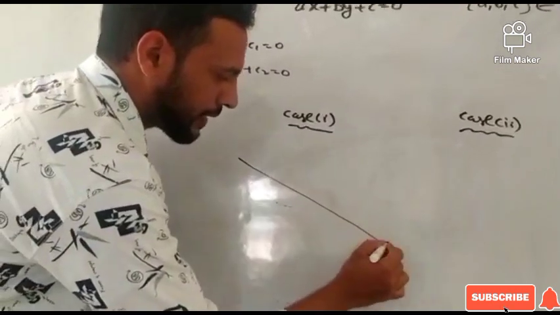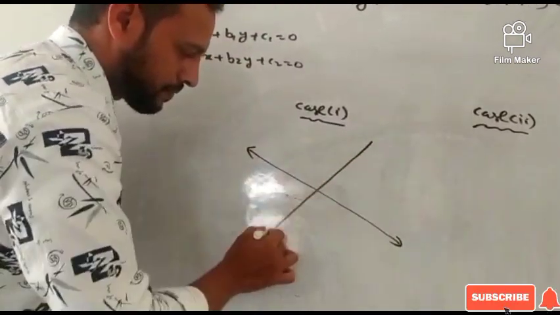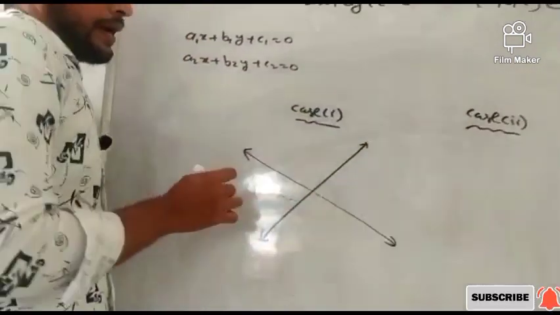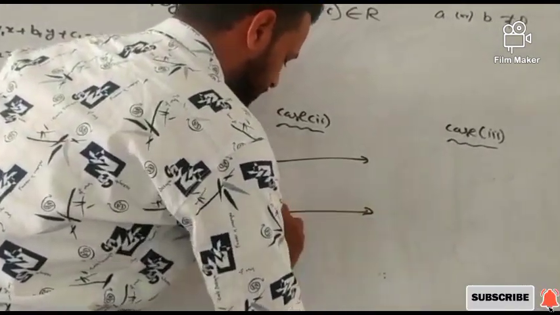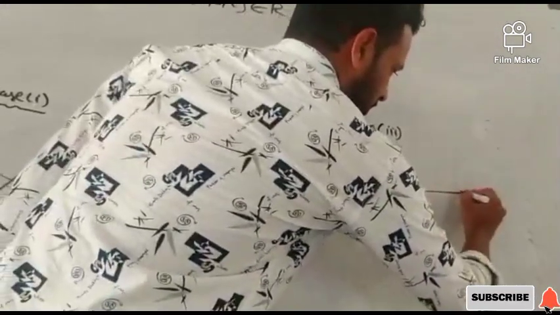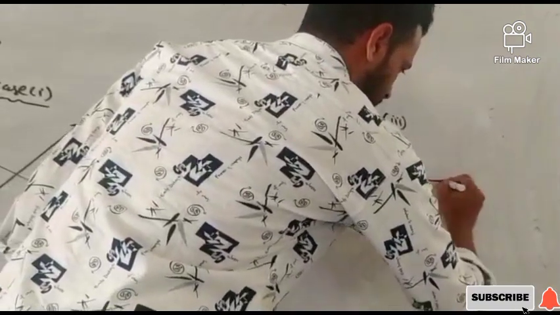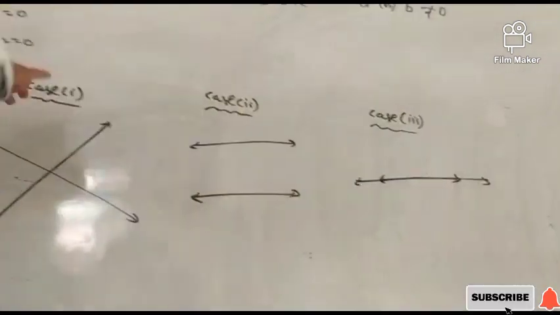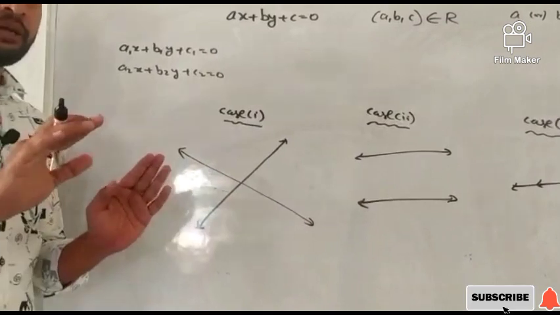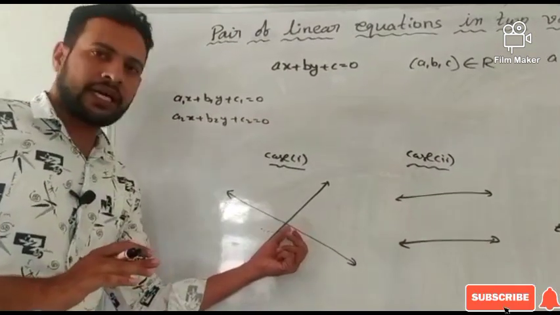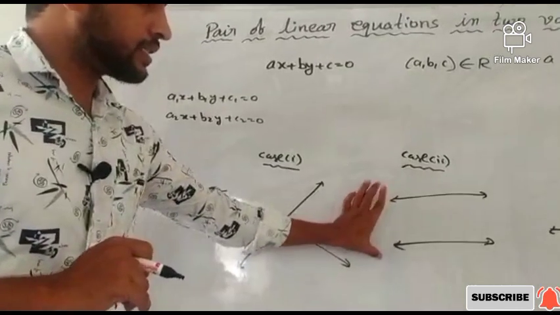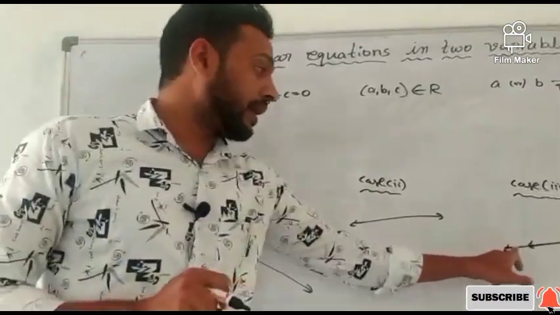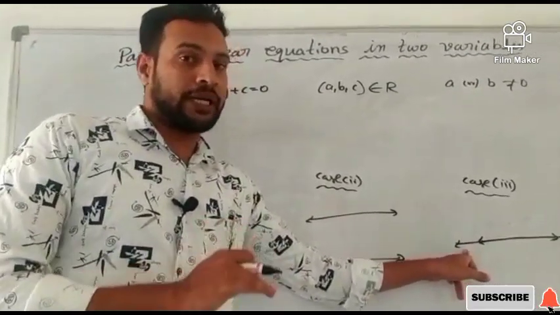In the first case I am taking two lines, and in the second case also two lines, but the positions are different. In case 1, you can see both the lines are intersecting. In the second case, both the lines are parallel. In the third case, both the lines coincide.